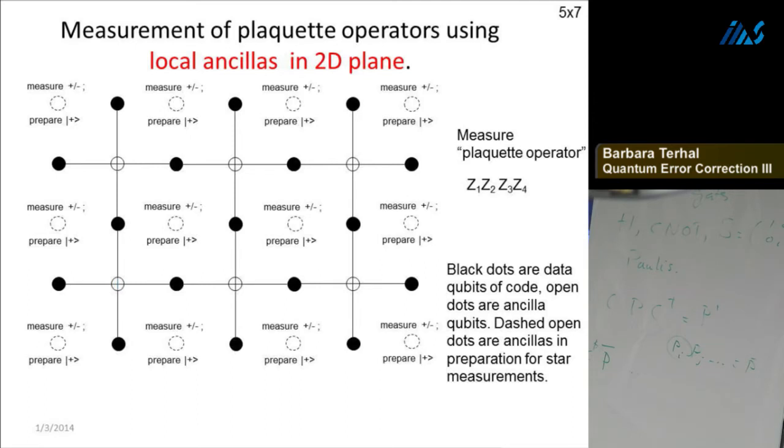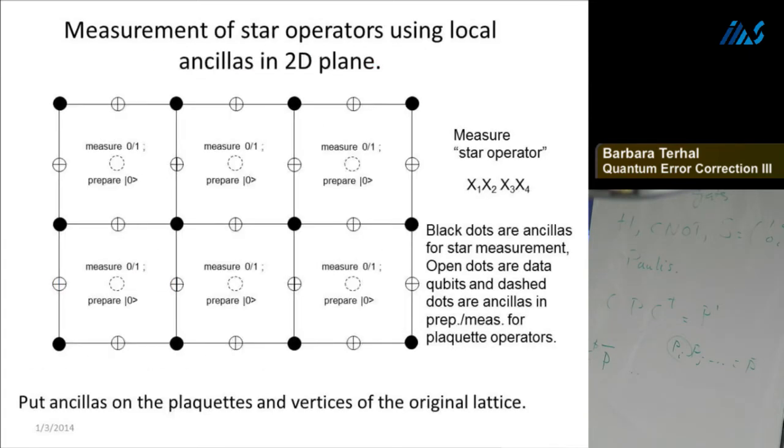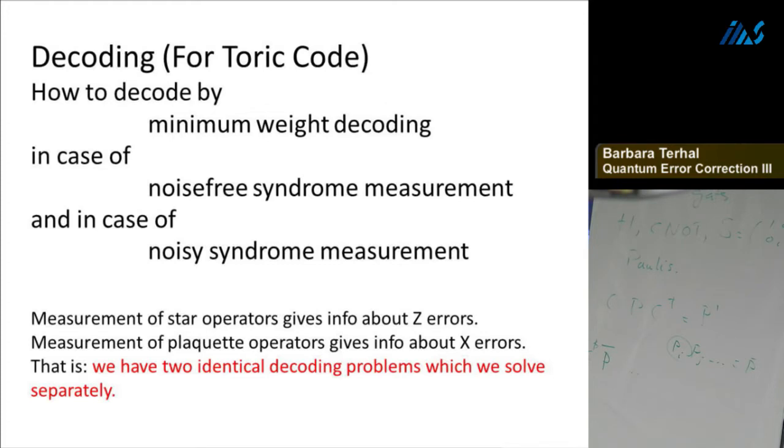Okay, the thing is that you can imagine that it's fairly efficient, if you put ancillas here and there, to use those ancillas to do a Z plaquette measurement, and you use those ancillas to do an X measurement, the star X measurement. But I'm actually confused. Oh, I know why. This is confusing because the original lattice is not this one, so I shouldn't use this figure. Okay, but you can do this fairly efficiently.